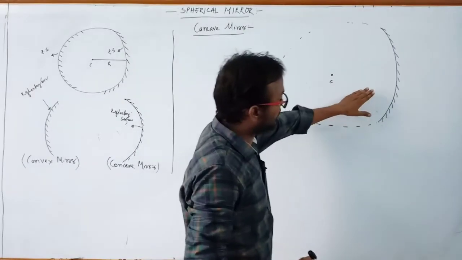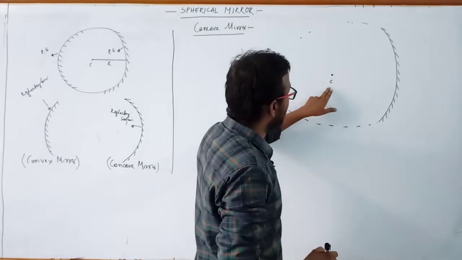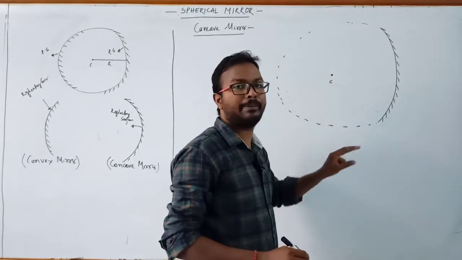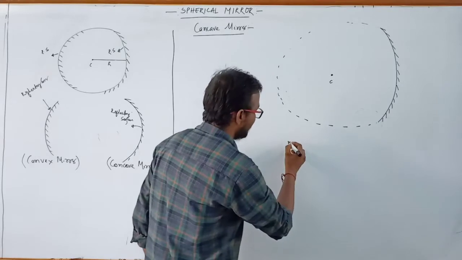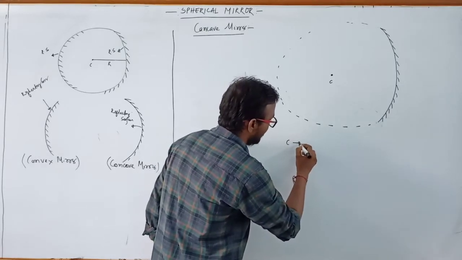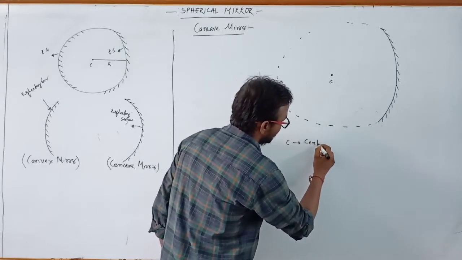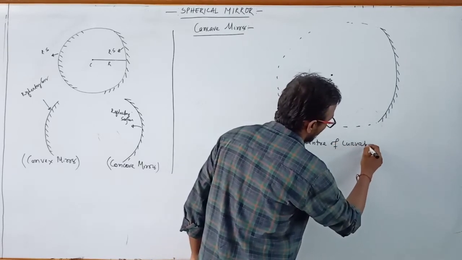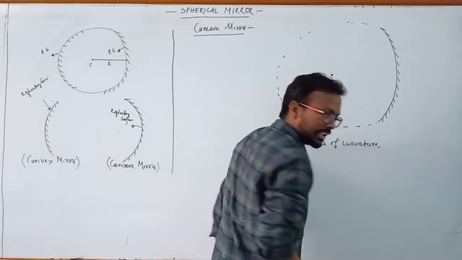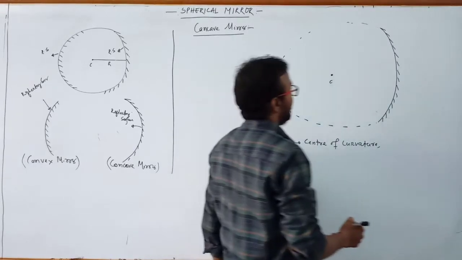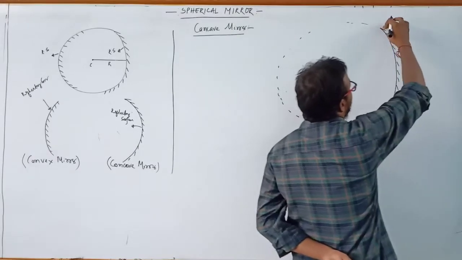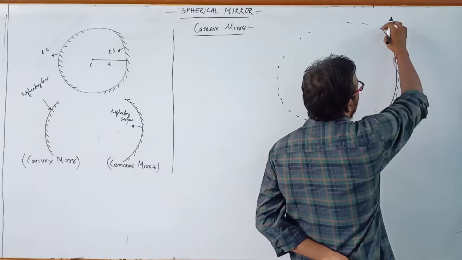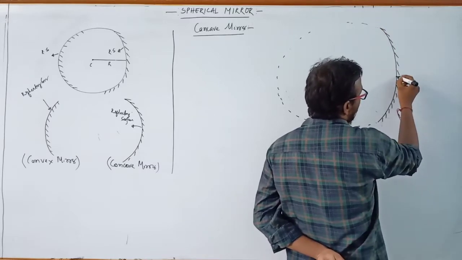But in the case of a concave mirror, C is known as the center of curvature. Clear?